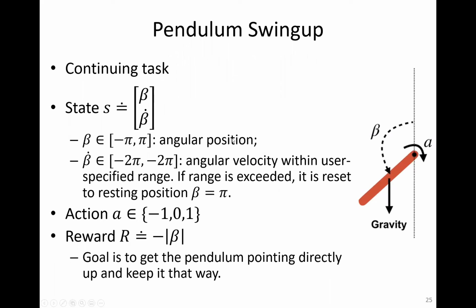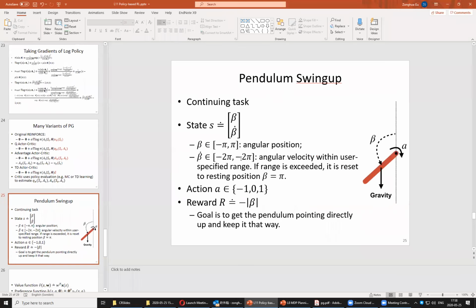So this is an example. By the way, all the slides are from a Coursera course from the University of Alberta. The continuing task of pendulum swing up. You have a state of beta, which is this angle relative to the up direction, from minus pi to pi, and beta dot, the angular speed, is arbitrarily specified as minus 2 pi to 2 pi.